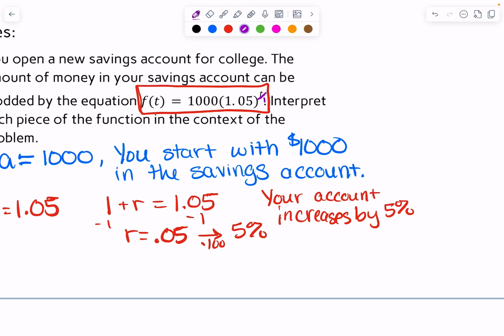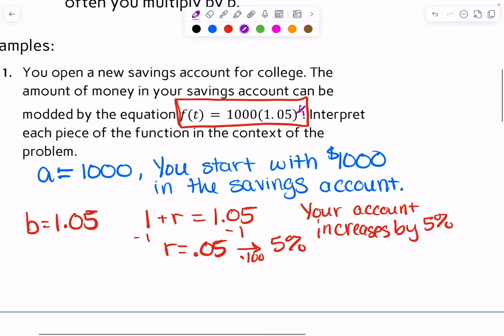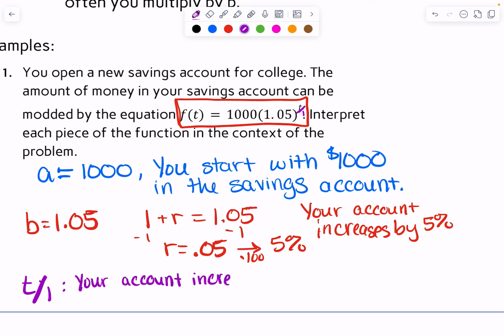We don't see the division by 1, so I have T divided by 1. So T divided by 1 means that your account increases by 5% for each T.